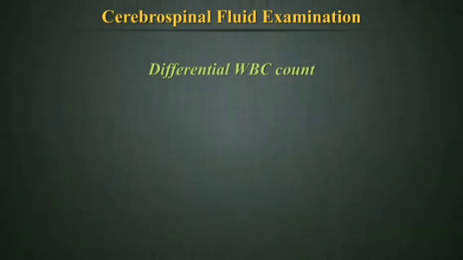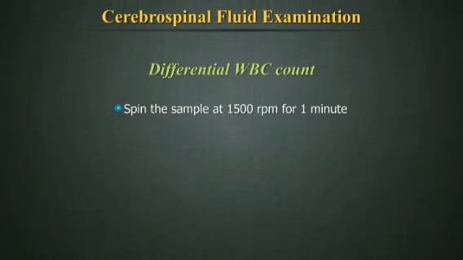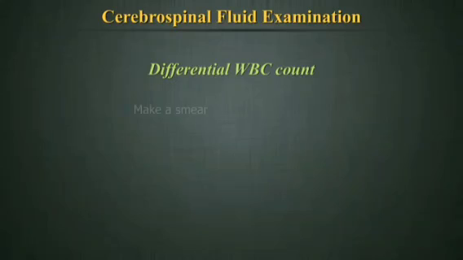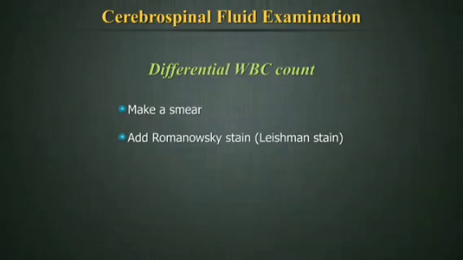Differential WBC count. Spin the sample at 1500 revolutions per minute for 1 minute. Discard the supernatant and resuspend the sediments in the available fluid. Make a smear from sediment and add any Romanowski stain such as Leishman stain and allow to stand for 1 minute.